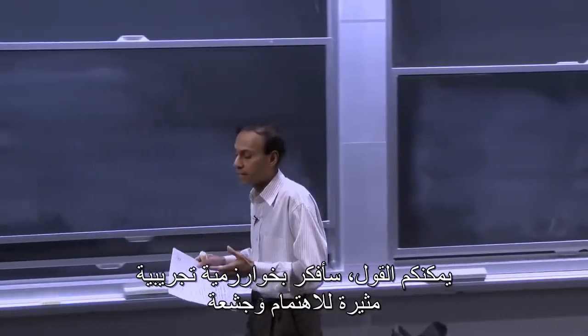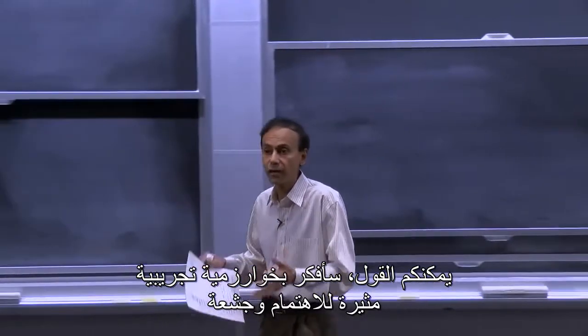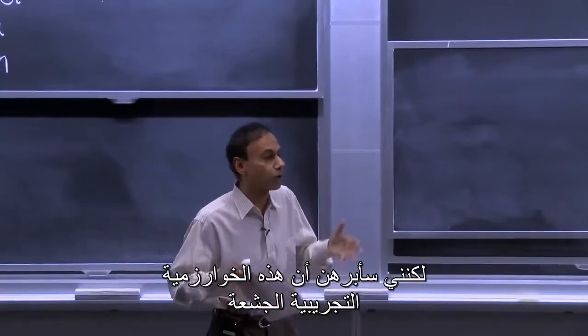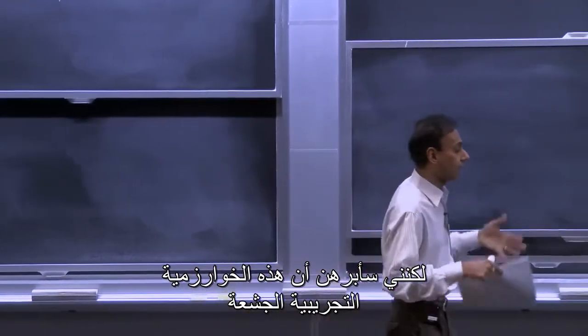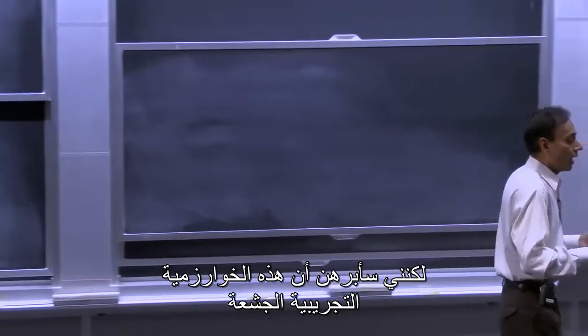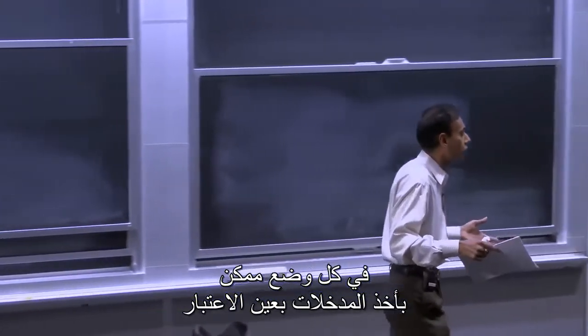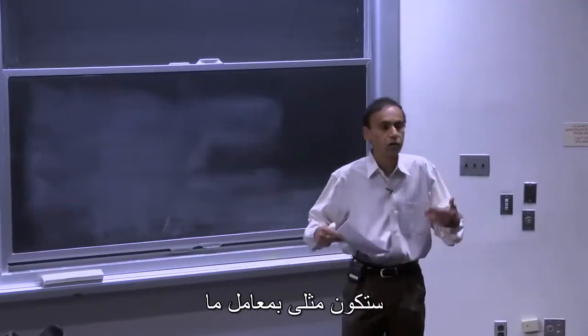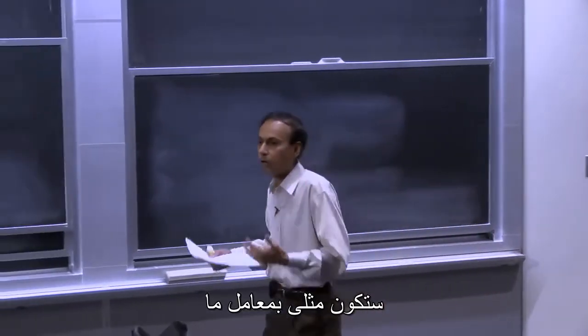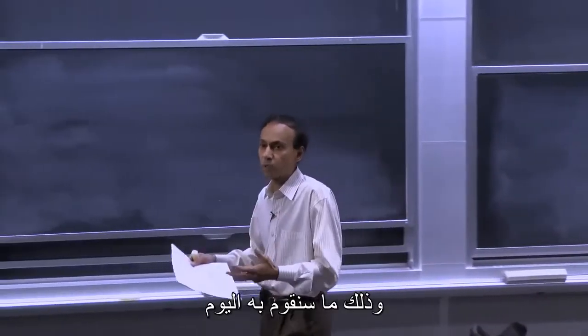You could say I'm going to think up an interesting greedy heuristic, but I'm going to prove that this greedy heuristic in every conceivable situation with respect to the inputs is going to be within some factor of optimal, right? And that's what we're going to do today.